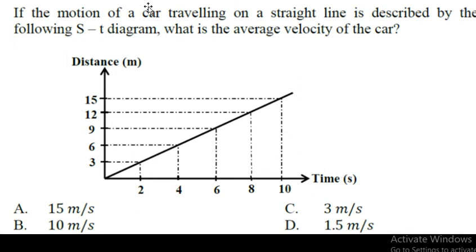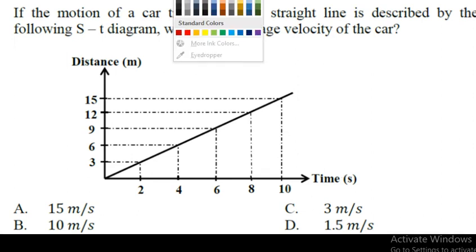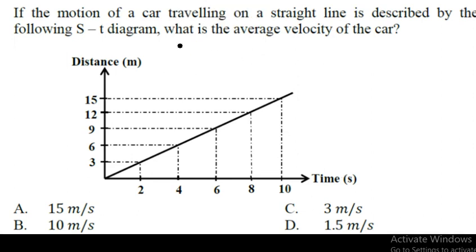Next question. It says, if the motion of a car traveling on a straight line is described by the following distance versus time diagram, what is the average velocity of the car? As you see here, the horizontal axis is time and the vertical one is distance.